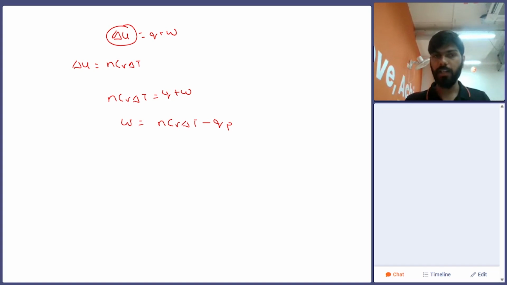So the n value is already 1, 11.686, T is 50, minus Qp, you can take here 1000.